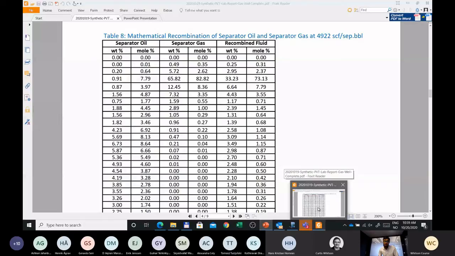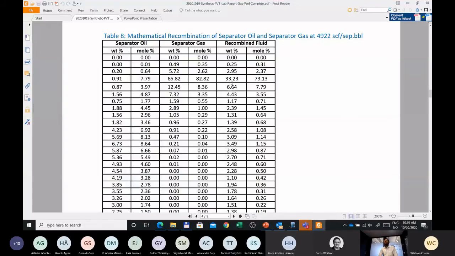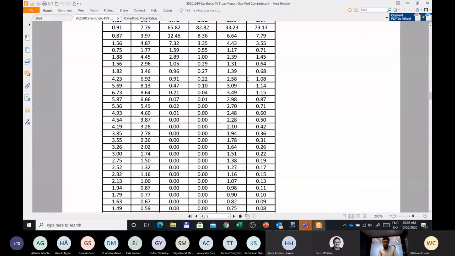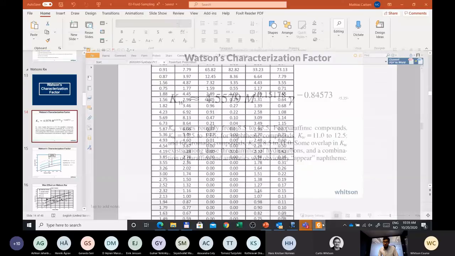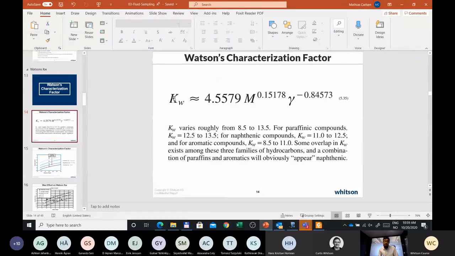So first we can look at the PVT report from the gas condensate well. So that's the gas condensate PVT report. Always remember that when we are calculating the Watson characterization factor, and we want to know the value for our field, then we should always use the measured molecular weight and the density for the fluid system.